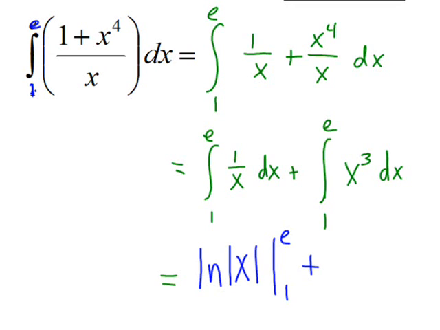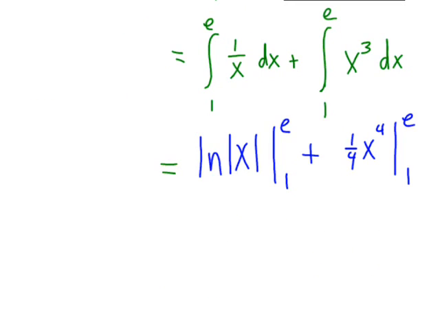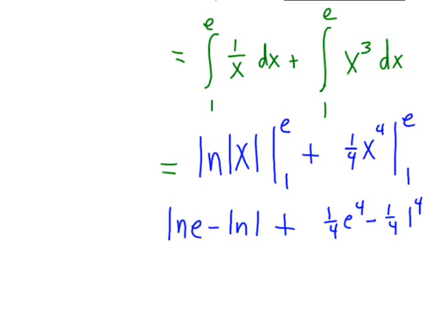And then I integrate x cubed, so that's going to be x to the fourth times 1/4, and evaluate that from 1 to e. All right, and put my value in here, so ln of e minus ln of 1 plus 1/4 e to the fourth minus 1/4 1 to the fourth.